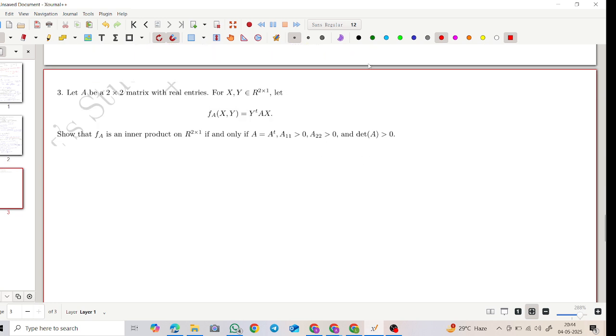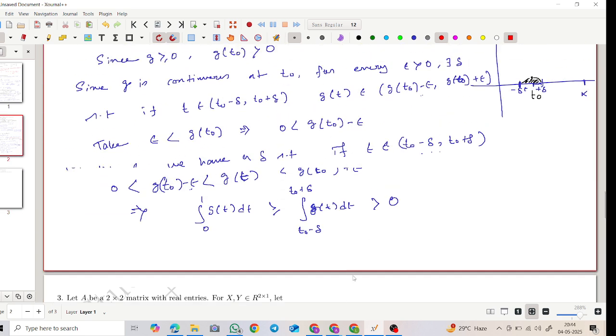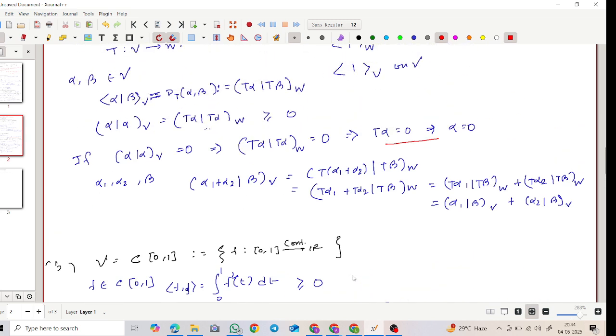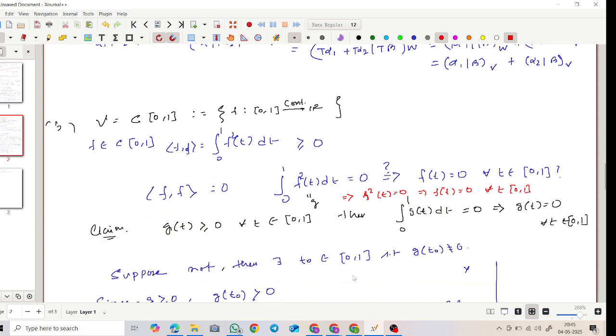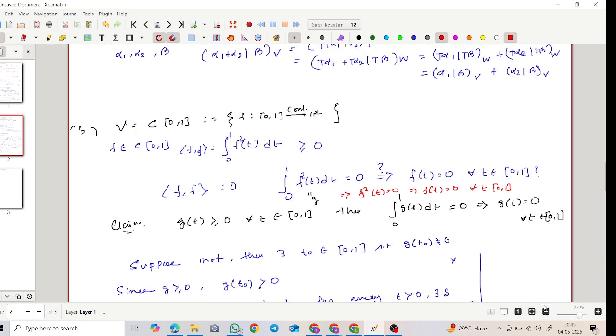Okay, sir. Thank you. So what happened to the B part? Did we do the B part? Yeah, this was the solution of B. You proved that this integral fg is an inner product, right? I thought I saw a problem which says we take V equal to W and make a new inner product.